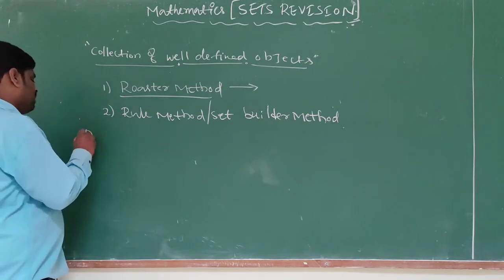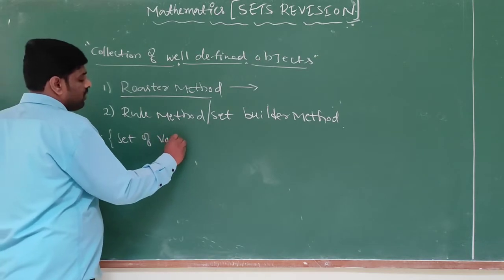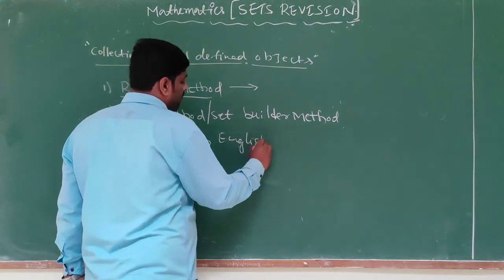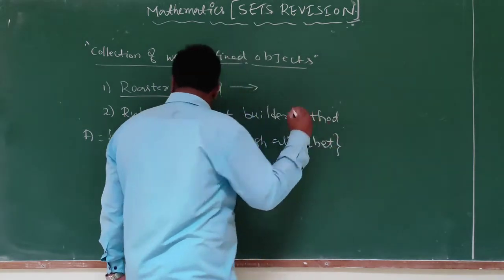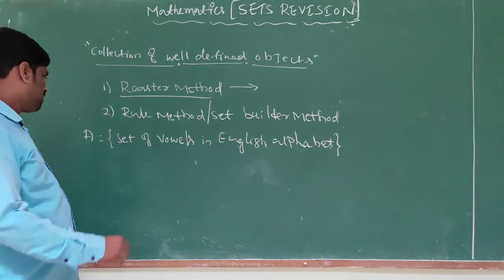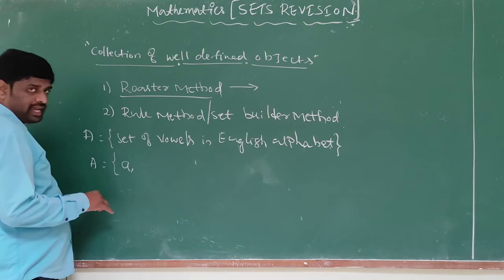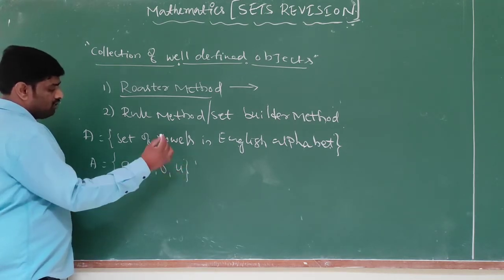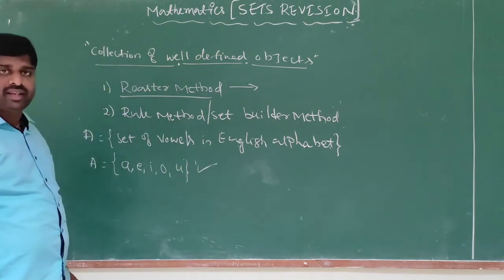For example, A is equal to the set of vowels in the English alphabet. So this is the rule method. Here the roster method is a, e, i, o, u. So this is roster method or listing method.